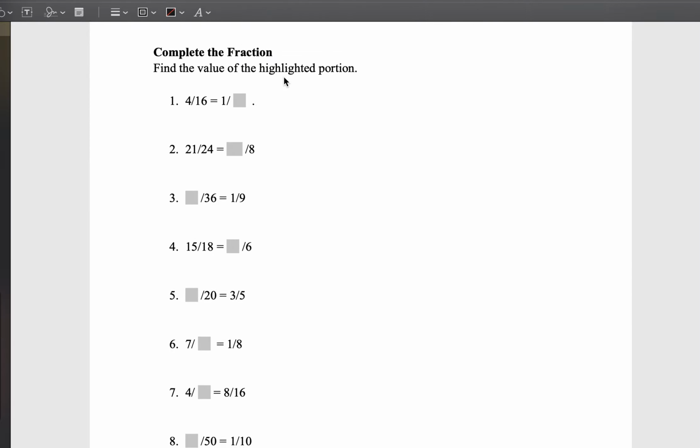Last but not least, complete the fraction. Find the value of the highlighted portion. Let's do number 1. So 4 over 16 equals 1 over blank. Let's do this with cross multiplication.